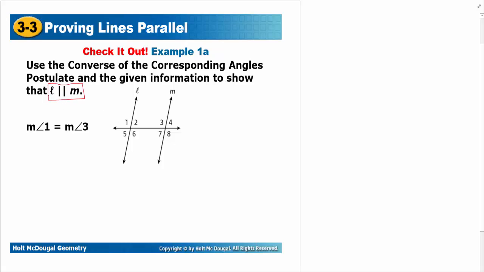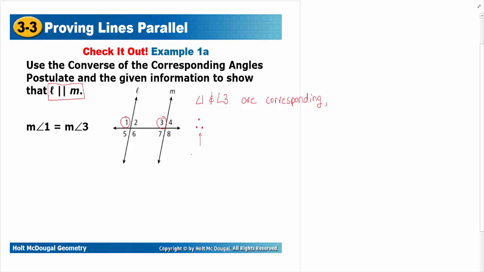So here's how we do that. Very simple. We're not doing a proof, so I'm not going to write it out as a proof. I look at these two angles, and I would say angle 1 and angle 3 are corresponding angles. I'm going to remind you of this little statement with the 3 dots.